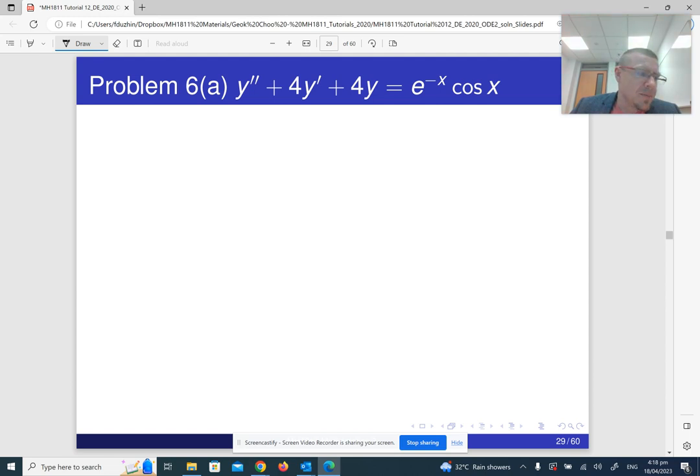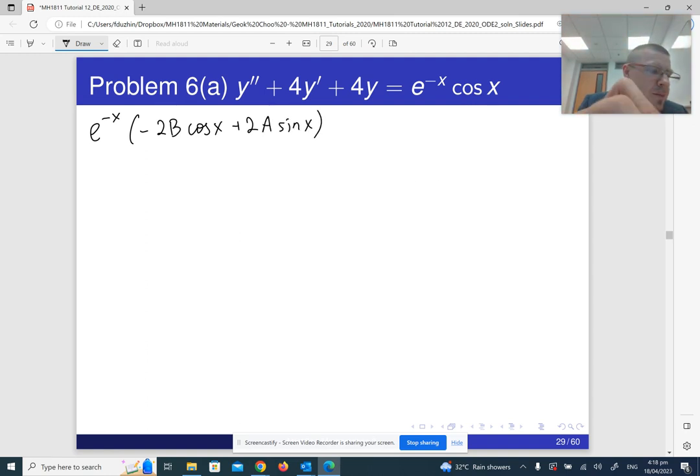So y double prime. So now I'm going to write y double prime. So y double prime is e to the minus x times minus 2b cos x plus 2a sine x. So plus 4 times y prime. So now I'm writing this term.